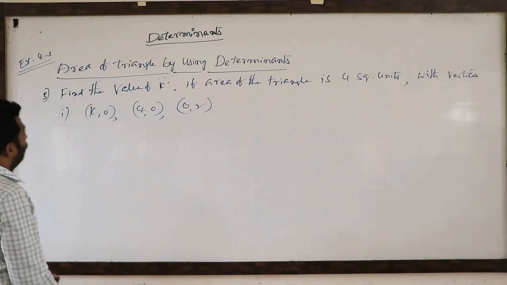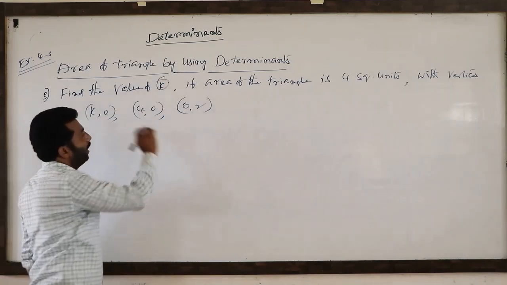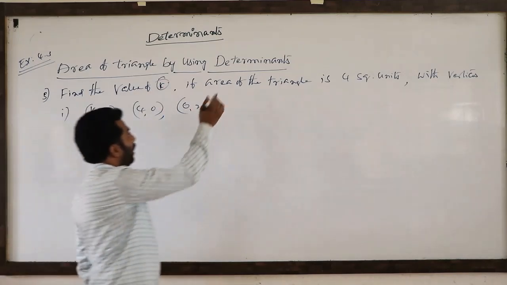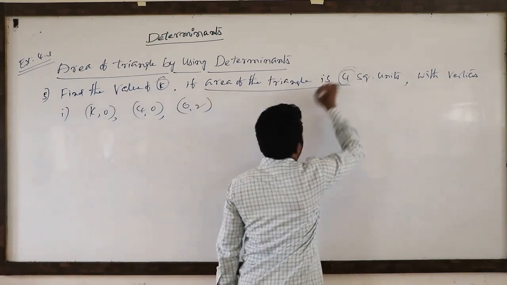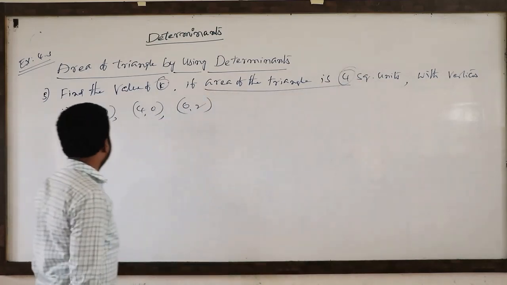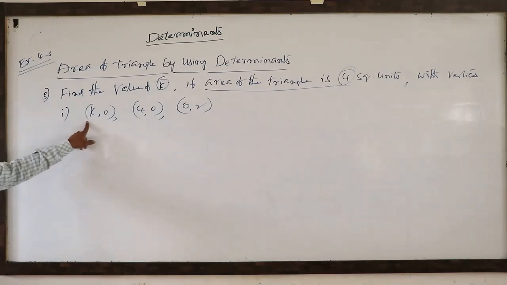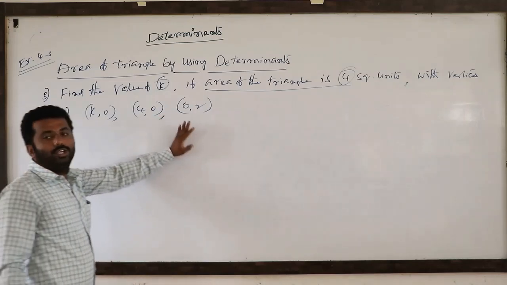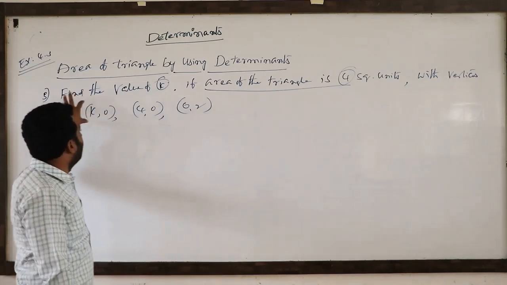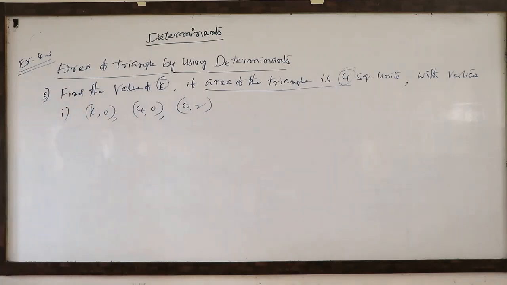Once again, find the value of k. The area of the triangle is 4 units with the vertices (k, 0), (4, 0), (0, 2). In this case, we have to calculate the value of k.